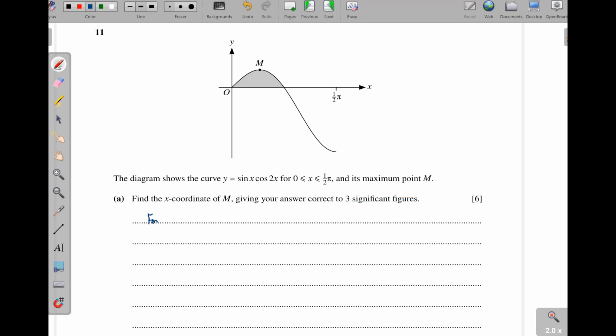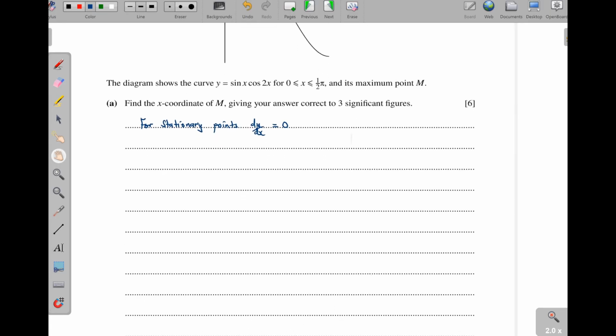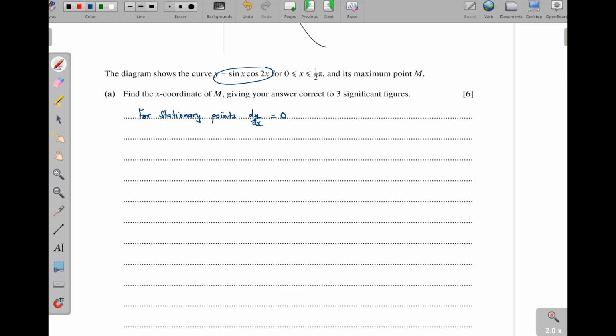We know that for stationary points, the change in y with respect to x is going to be equal to 0. Since this one is a product of two functions, we are going to use the product rule. So when we differentiate here, you keep one constant.